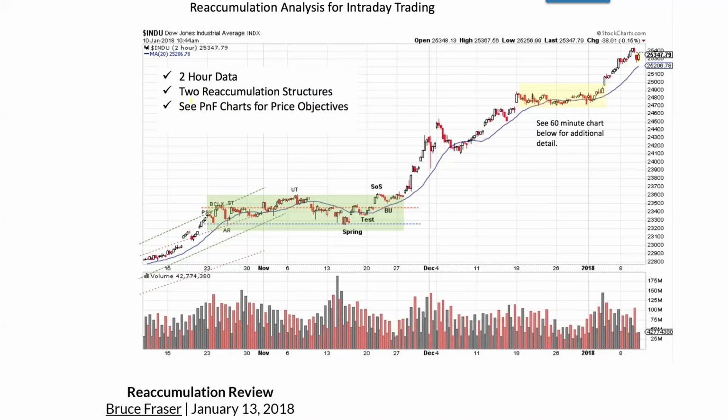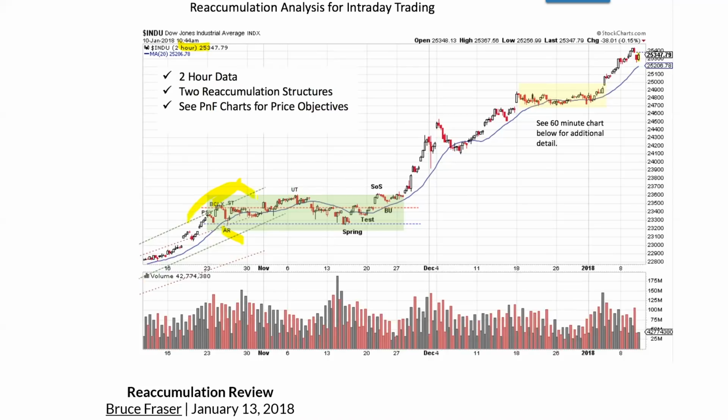Here is an intraday 2-hour Dow Jones reaccumulation, two reaccumulation structures: rally up into a buying climax, then an automatic reaction, range bound condition, and you can see here that there was an upthrust of sorts.